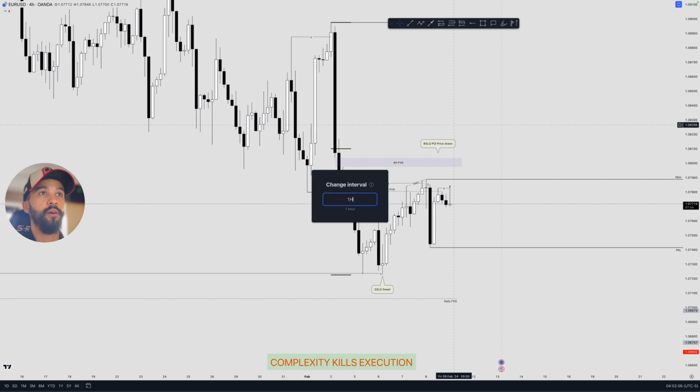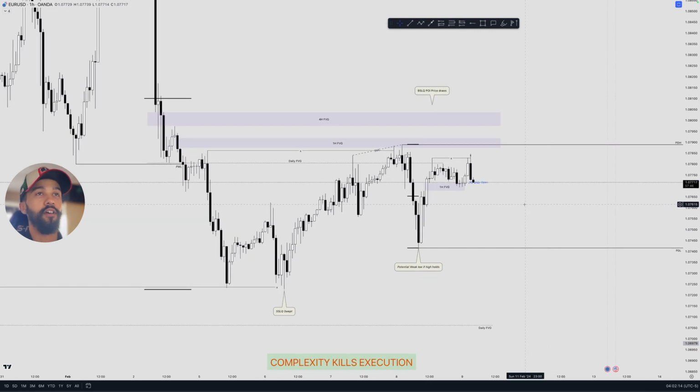So down to the 1 hour, a bit more the opposite, a bit more mixed in comparison to the 4 hour. We've obviously broken these internal highs. We have this leg from this low here to this high here, but yesterday we made a new potential leg there, right? And price has pulled back to the potential premium of this leg.